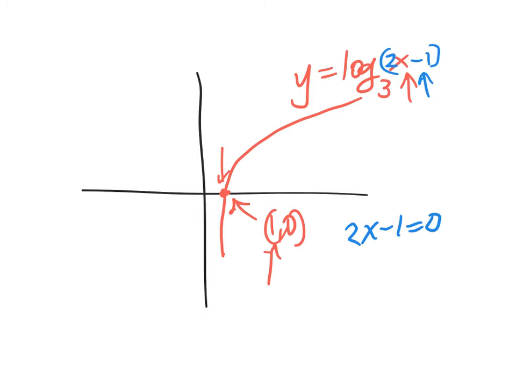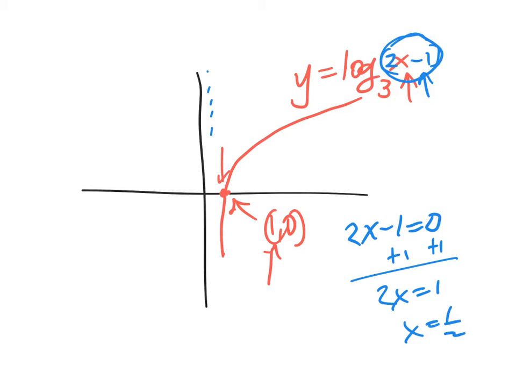It's okay. All I need you to be able to do is go, the thing in there will give me the asymptote. So plus 1, 2x equals 1, x equals 1/2. So you're saying there'd be an asymptote at 1/2. So instead of the asymptote being at 0, it's going to be over here a little bit at 1/2.